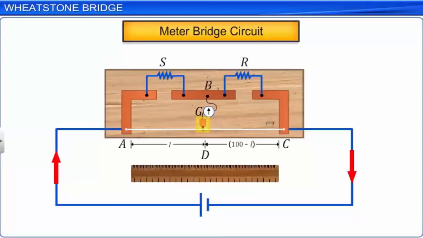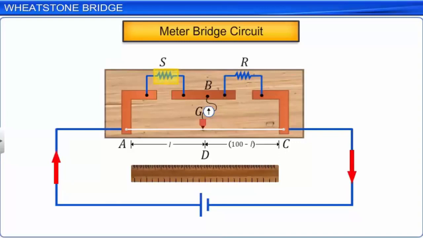The knife edge end of the jockey slides over the wire to make electrical contact. R is the unknown resistance of a given resistor which we have to determine, and the resistor is connected across the right gap in the metallic strip. A standard resistance, S, in the form of a resistance box, is connected across the left gap in the metallic strip.